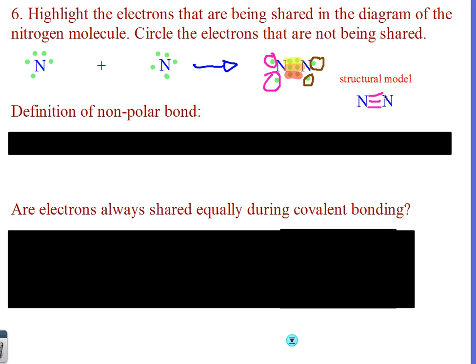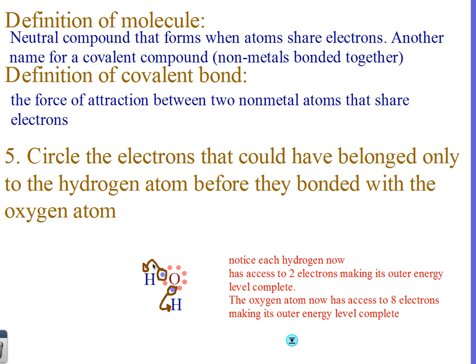And remember that this is not 3 single bonds. This is 1 triple covalent bond. If we go back and look at hydrogen and we draw the structural model for water, my apologies, we ended up with this as the structural model, if you remember. And so this has 2 single covalent bonds.